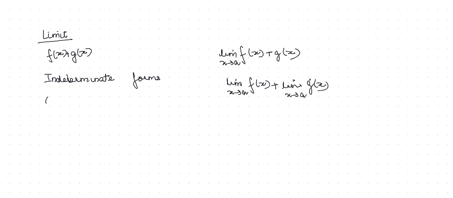These are 0 by 0, infinity by infinity, 0 times infinity, infinity minus infinity, and 0 raised to power 0, 1 raised to power infinity, and infinity raised to power 0. These are the indeterminate forms, and whenever we end up with questions like this, we apply different techniques.